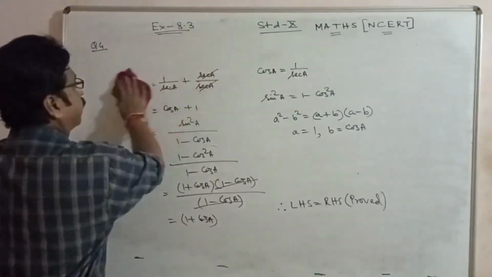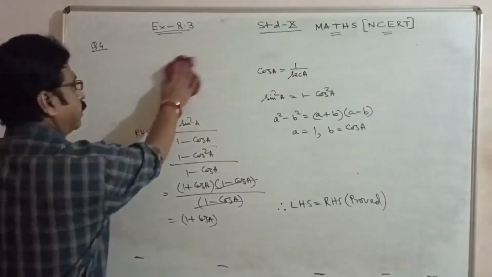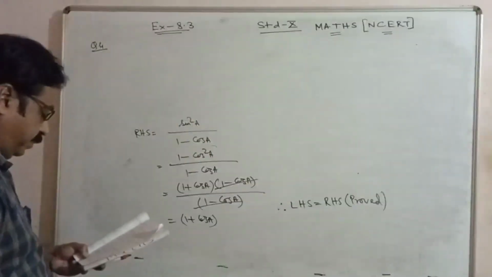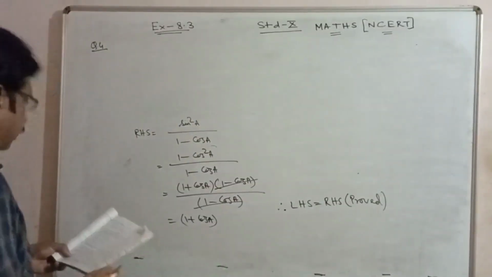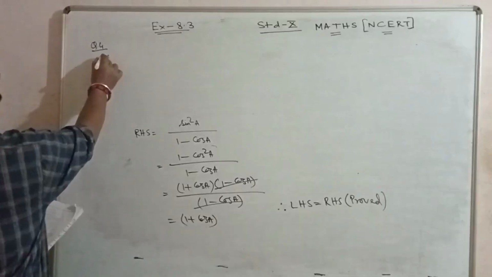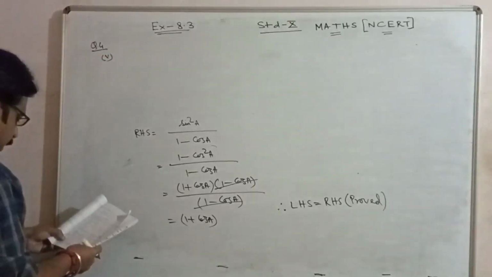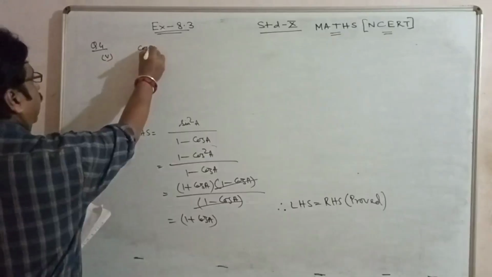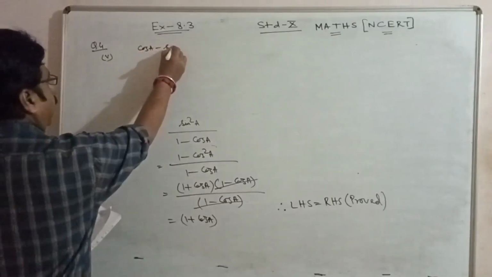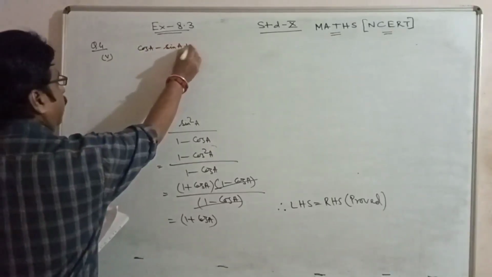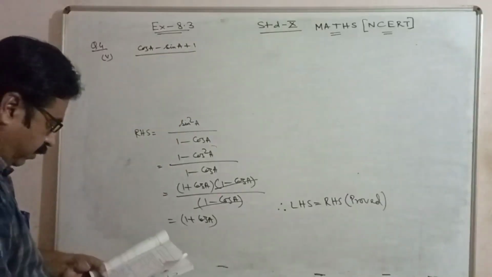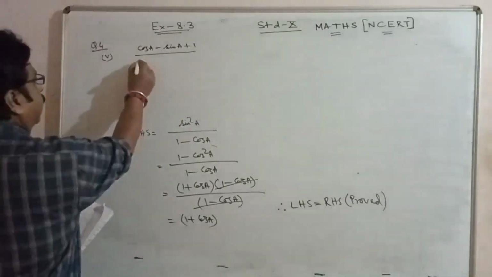Next one. Fifth. Cos A minus sin A plus 1 upon cos A plus sin A minus 1.